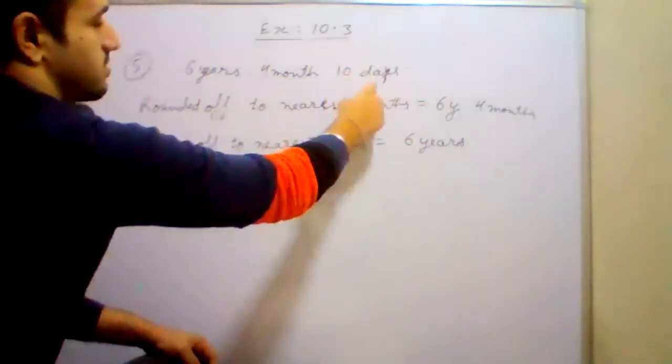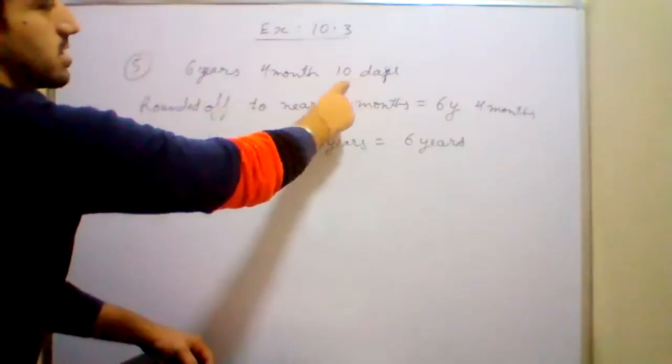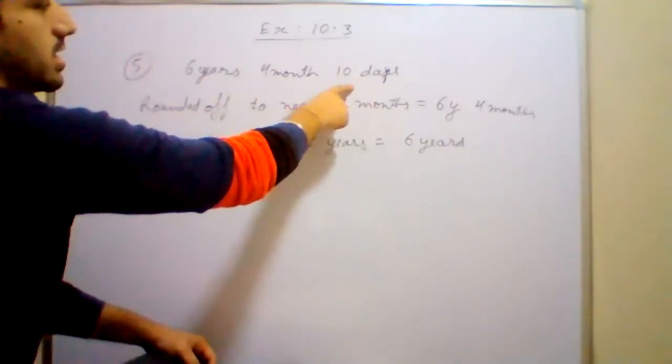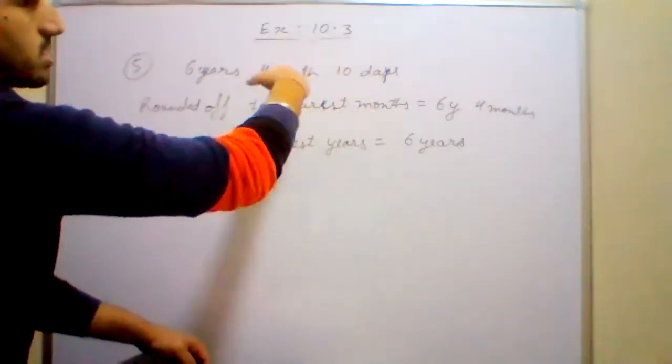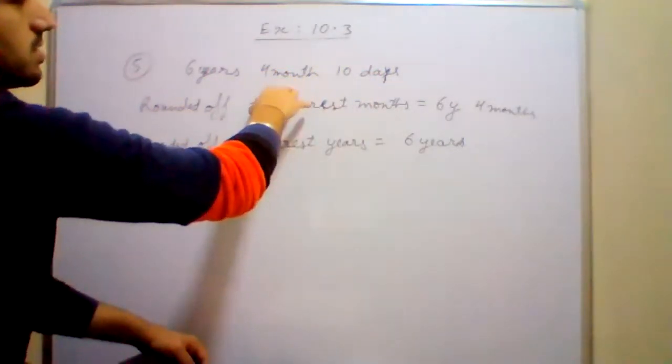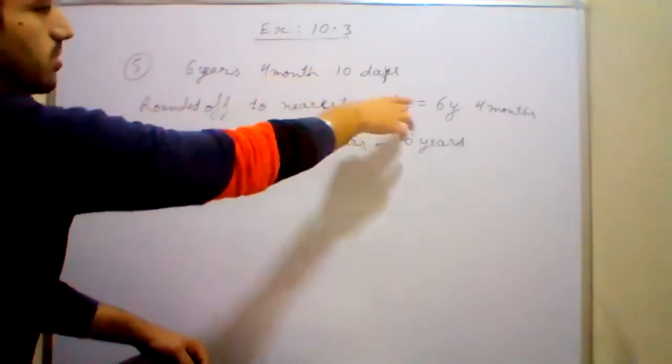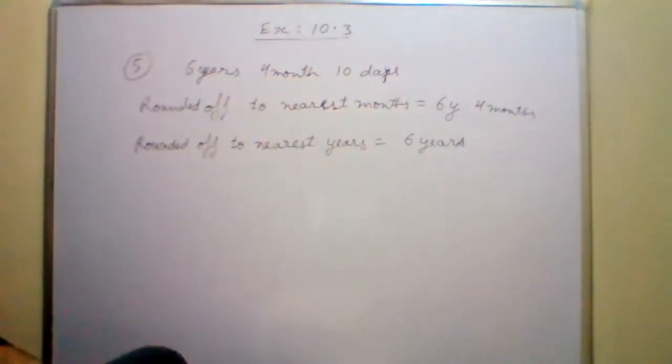So 10 days is less than 15 days. So whenever in a month there are less than 15 days, you will round off to the previous number of months. Okay, sir. Sir, I have sent you my work on the group. Can you please see? Yes, just wait.